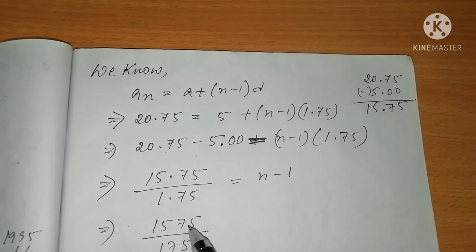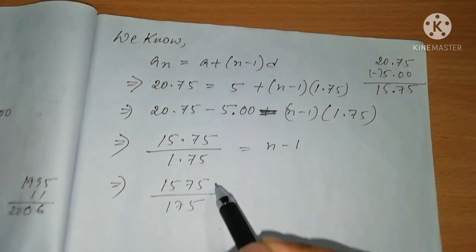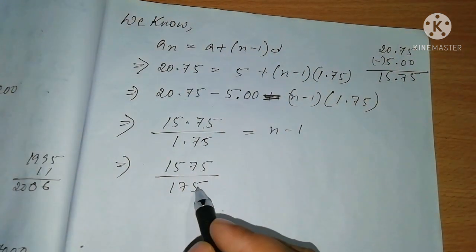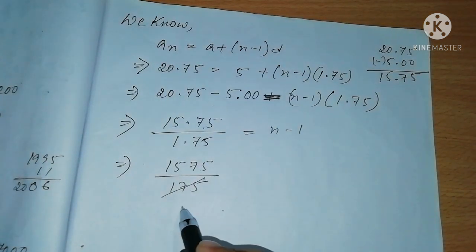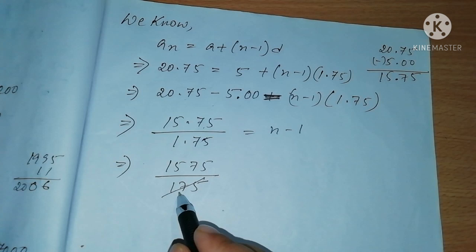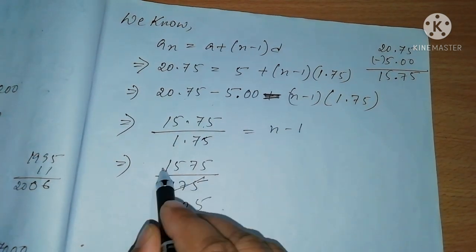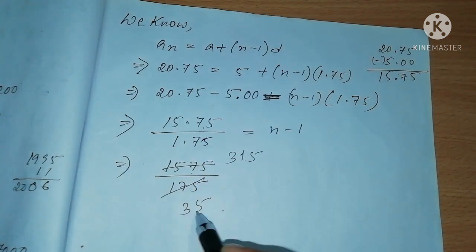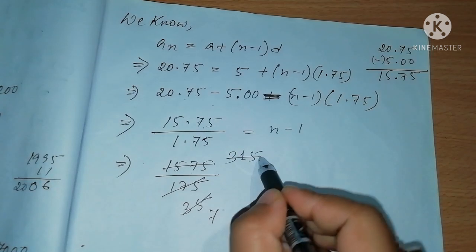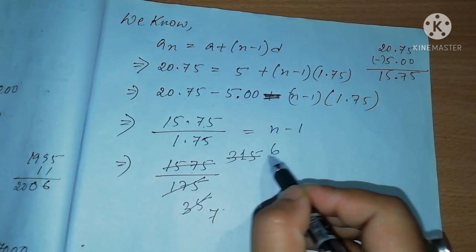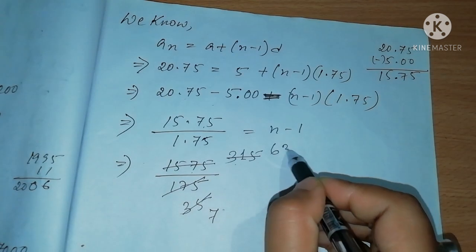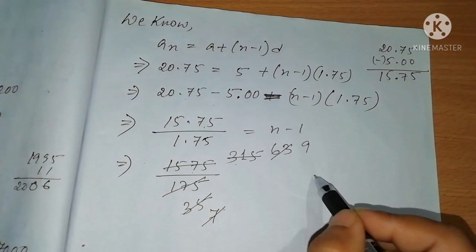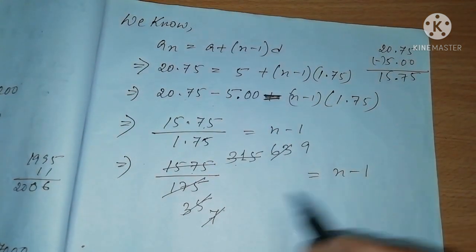Now we'll try to cancel. 5 3s are 15, 5 1s are 5, 5 5s are 25, 5 7s are 35, 5 6 are 30, 5 3s are 15, 7 9s are 63, which is equal to N minus 1.